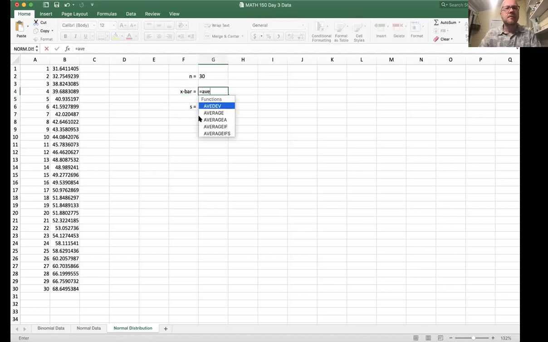So, equals average of A1 to A30, and equals standard deviation dot s of A1 colon A30.